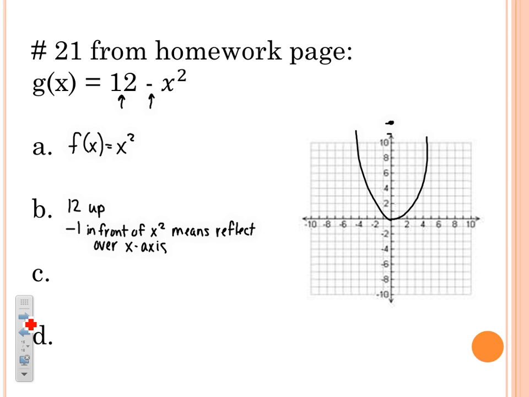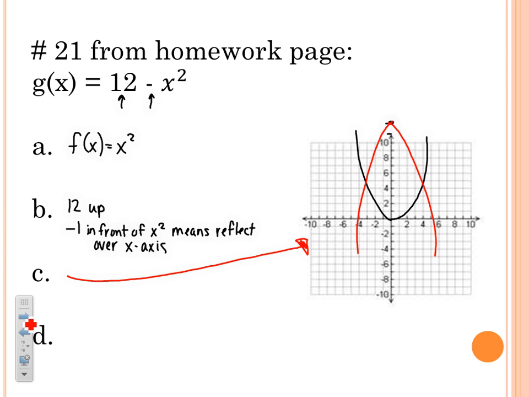If we're going to flip that or reflect it over the x-axis, it's going to go down now. And some of you guys maybe remember that when you were graphing parabolas that had a negative coefficient on the x squared, they went down. So this one is not going to open up like the parent function did. It's going to reflect down. So that's part C, the sketch.